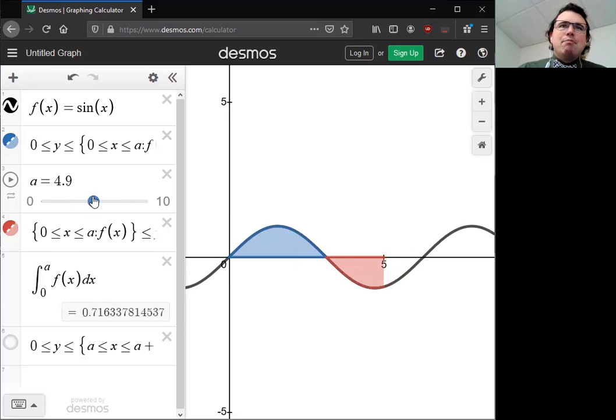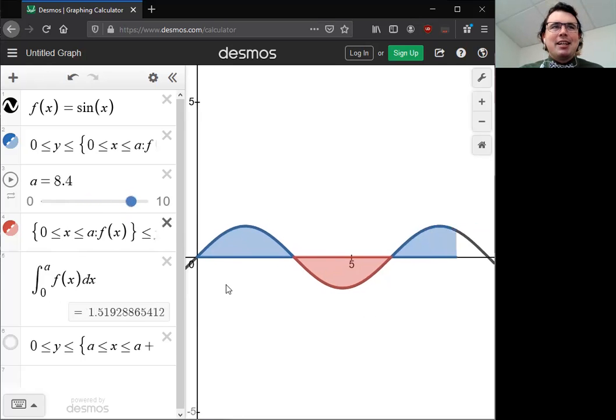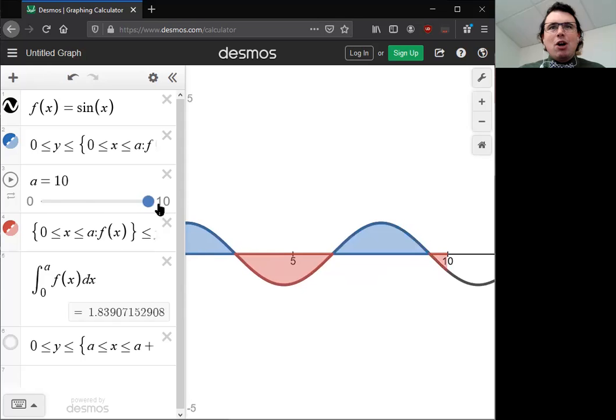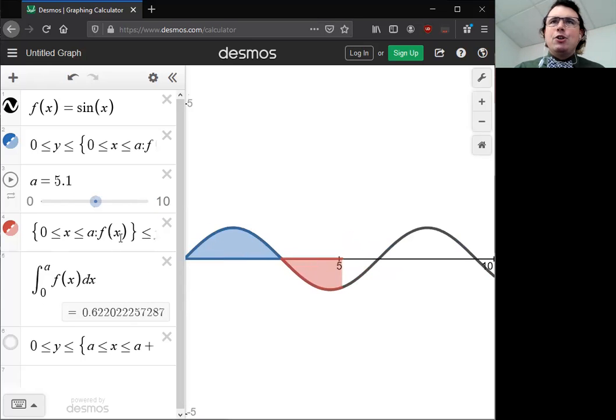Here you can see below the x-axis, my area is negative and it takes away from the integral. Then above the x-axis again, my area is positive and it adds to the integral, and so on. But the key thing for today is this idea that I can use an integral formula to define a function.